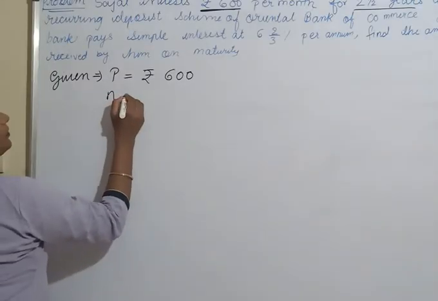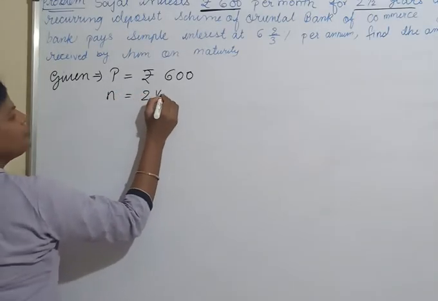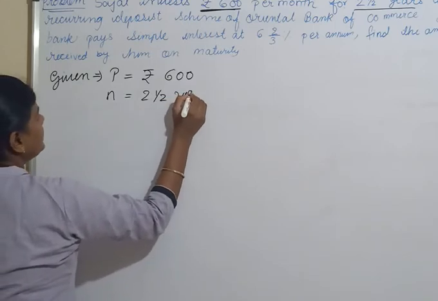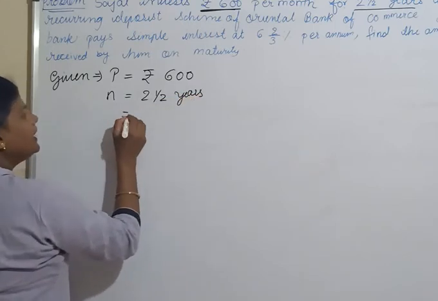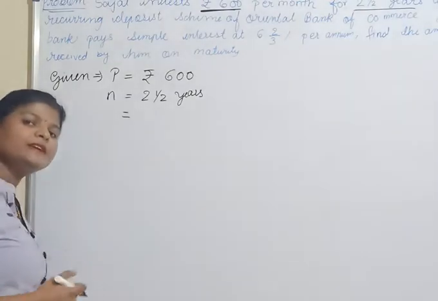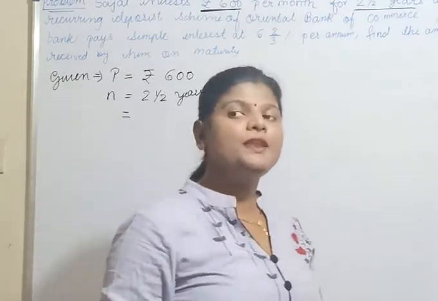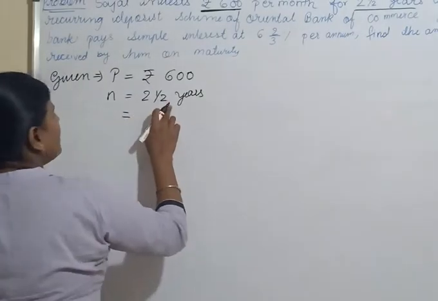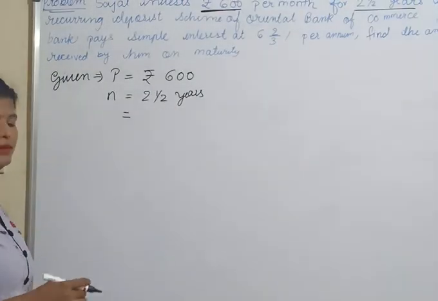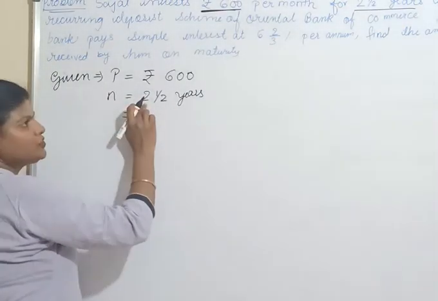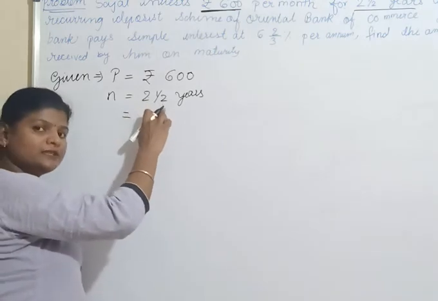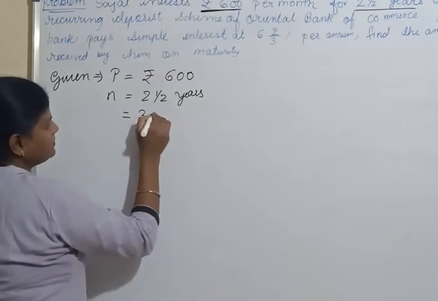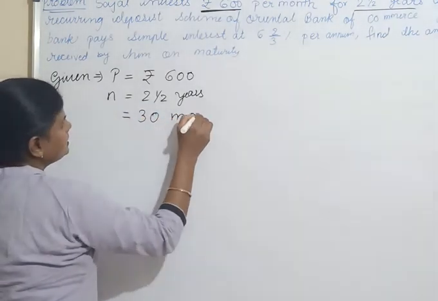This 2.5 years will be your N. But I already told you that N is always considered in number of months. So 2 years means 24 months, 24 plus 6 means 30 months.